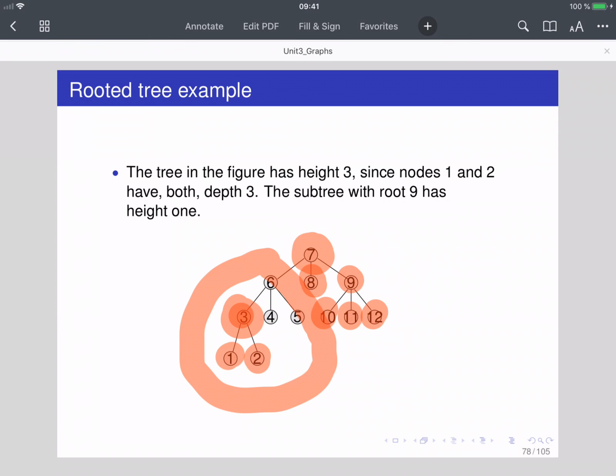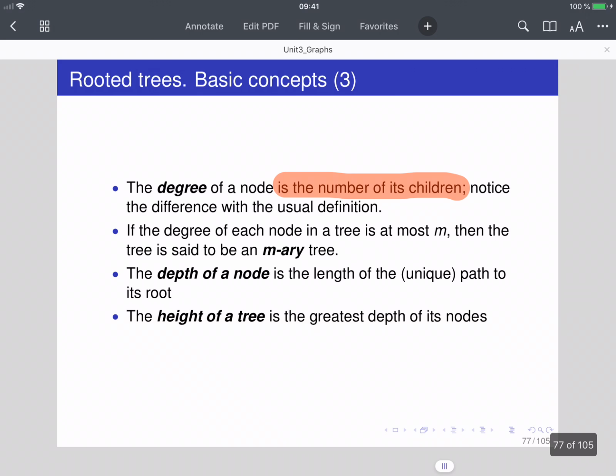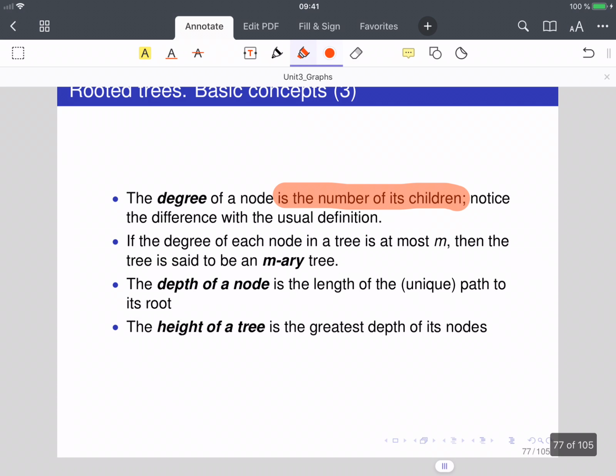Okay? Then we say that a tree is M-ary, for instance, unary, binary, ternary, quaternary, and so on, if the maximum degree of the nodes in the tree is at most m.